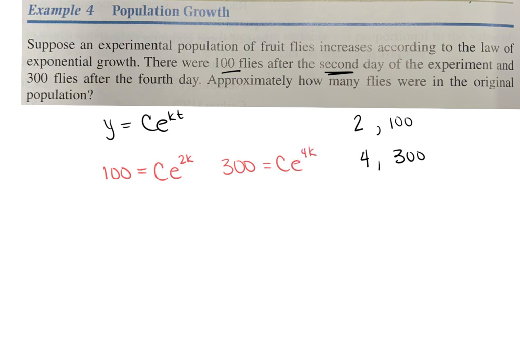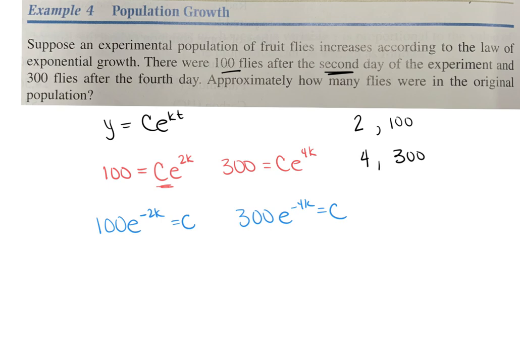Yes, so far so good. Solving for C, I would divide both sides by e to the 2k. When e to the 2k is on the bottom, I can say 100 e to the negative 2k equals C, right? Everybody agree with that? And then I could do the same thing over here: 300 times e to the negative 4k equals C. I'm dividing by that, so I'm just writing it with a negative exponent.